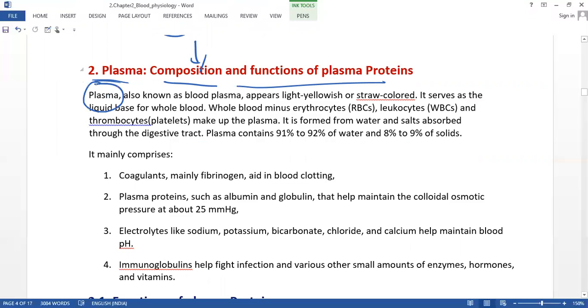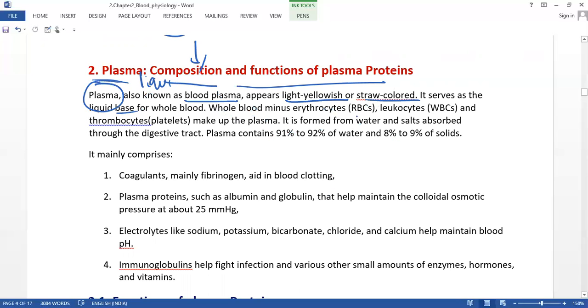Plasma is also known as blood plasma. It appears light yellowish, or straw colored, and it serves as the liquid base for all blood.